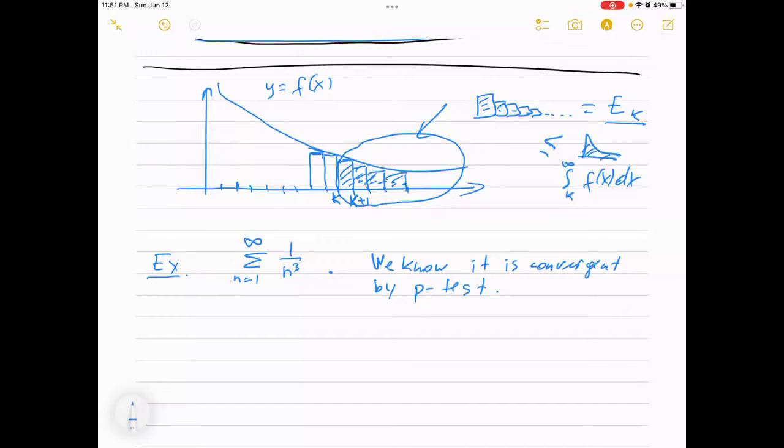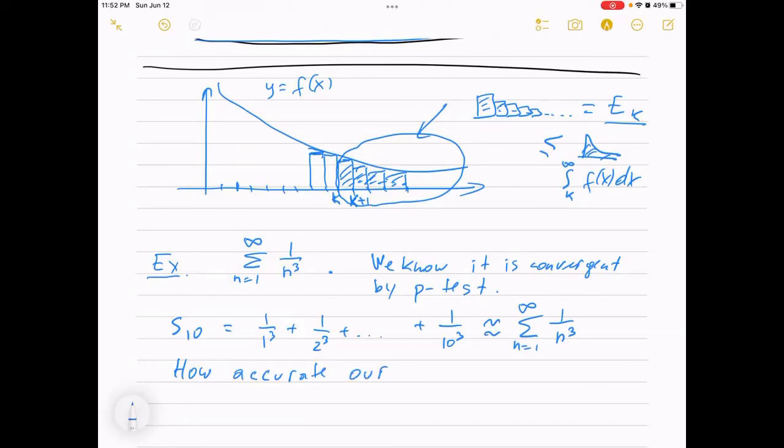And say what we do is we approximate our infinite series by S10, which is 1 over 1 cubed plus 1 over 2 cubed plus and so on, plus 1 over 10 cubed. So we say that is approximately equal to our infinite series, and we wonder how accurate is our approximation.